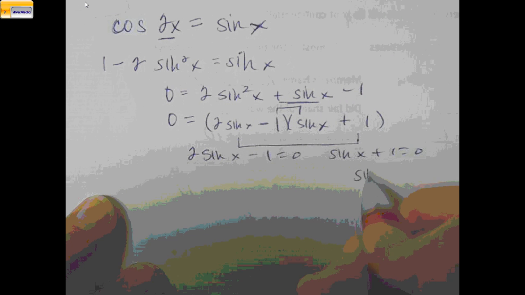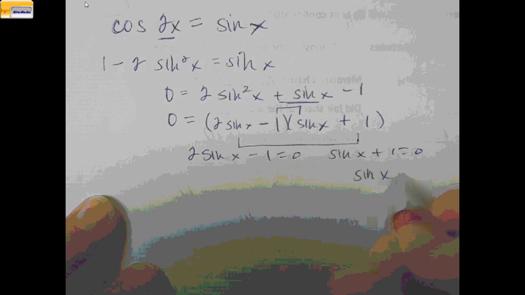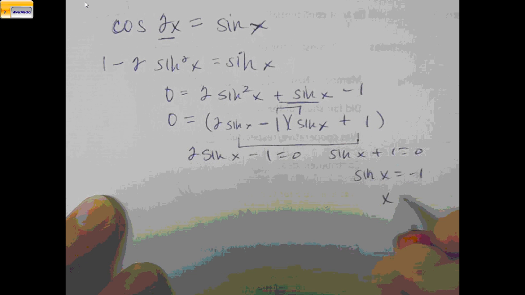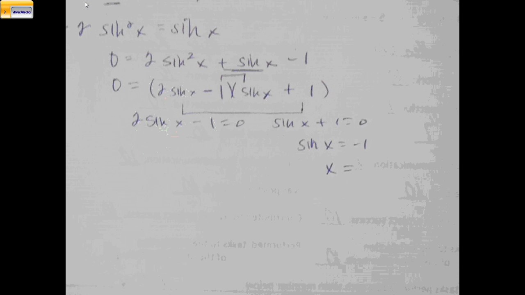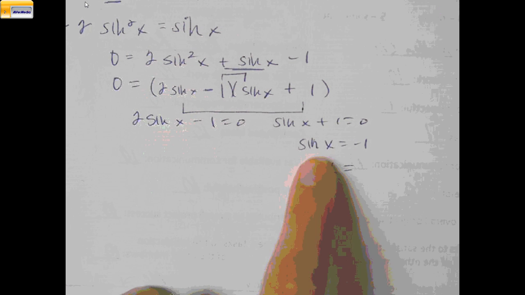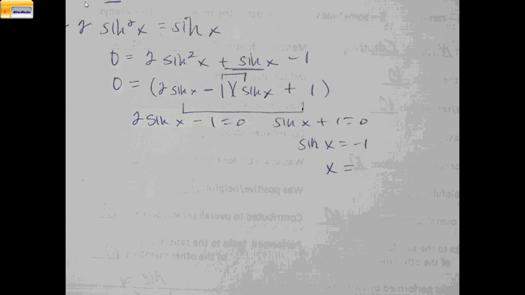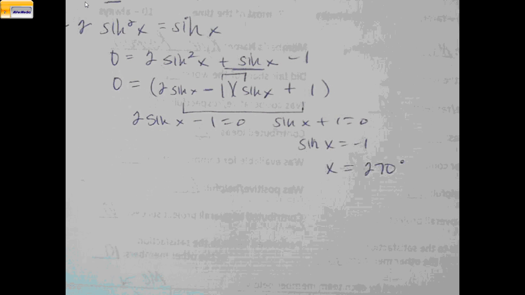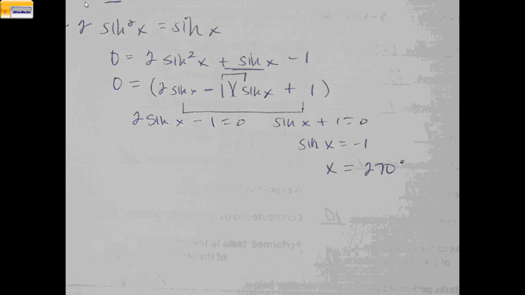So we have sine of x equals -1. We think about what angle will get us -1 if we're taking the sine of it. Is that 270 degrees? And I believe that's all that works for that one.